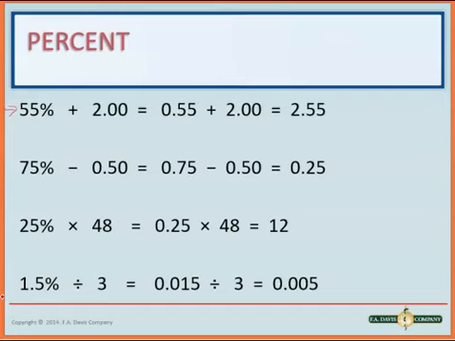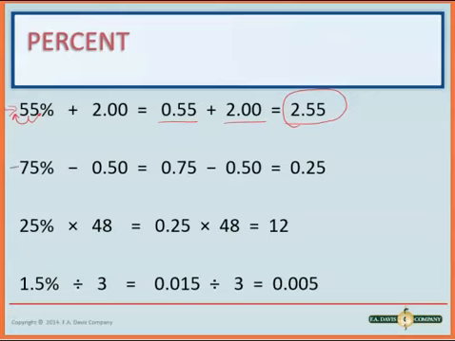Well, we know that our decimal is at the end. So we need to move our decimal over 2 spaces to the left. So we end up with 0.55 plus 2, and then we can just do our addition like we normally would. So we end up with 2.55 as our answer.